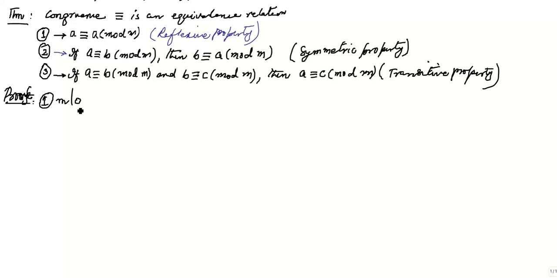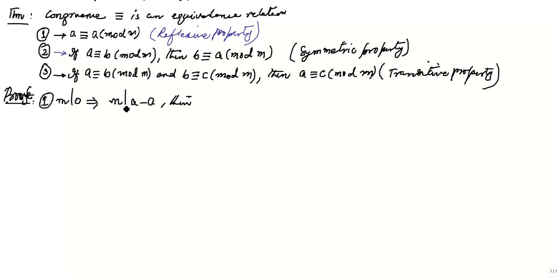So for 1, M always divides 0. This implies this 0 could be replaced by A minus A, and here we can apply the definition of congruence.